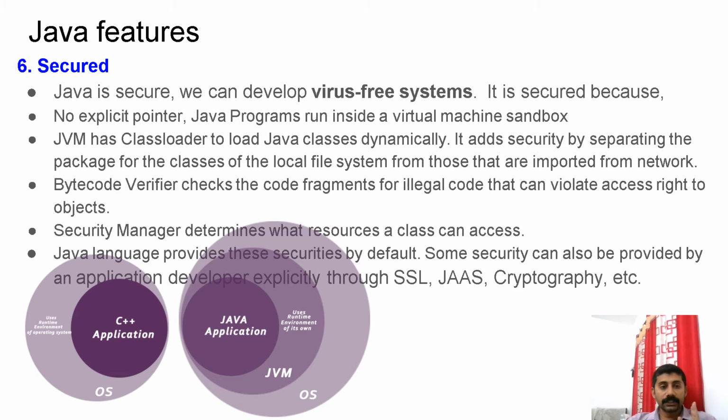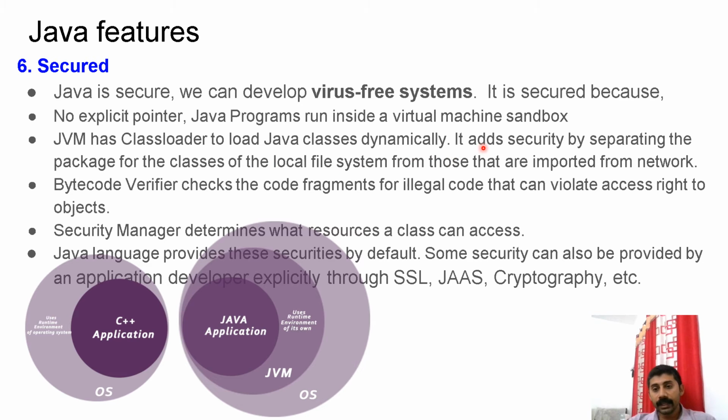Another important feature is security. Java is secure. We can develop virus-free systems. It is secure because there are no explicit pointers. Java programs run inside the virtual machine, so they cannot directly do any nonsense in your hardware. It is within the virtual machine. The JVM has a class loader to load Java classes dynamically.